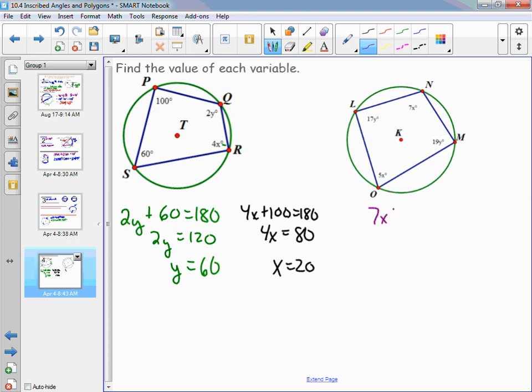And we see here that 7x plus 5x equals 180, and we'll solve that, as well as with the y's.